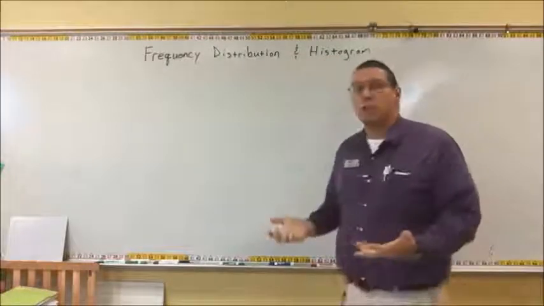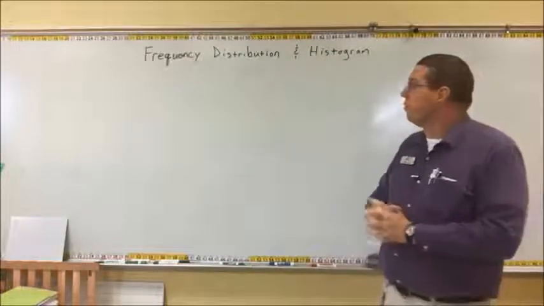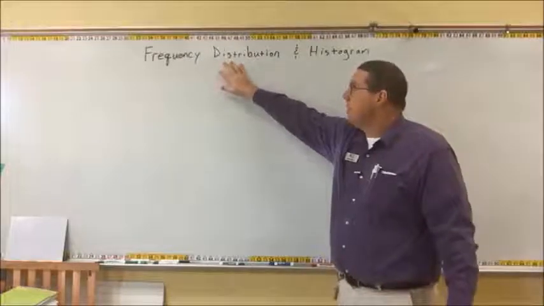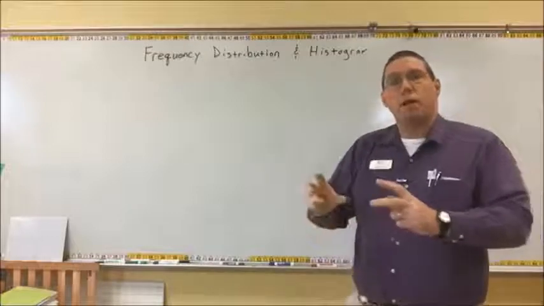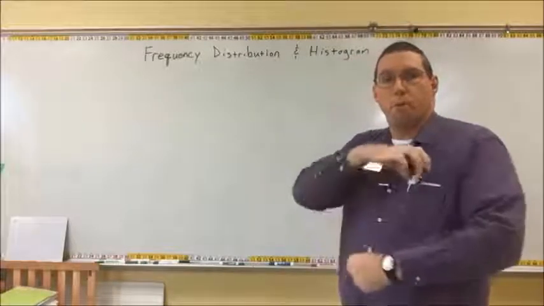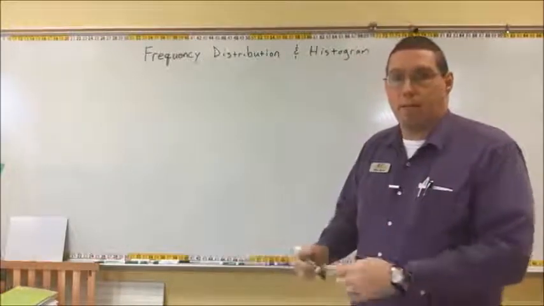Now, one of the first things you have to do in order to create a frequency distribution is take all your numbers and organize them into groups that we call classes. Okay?